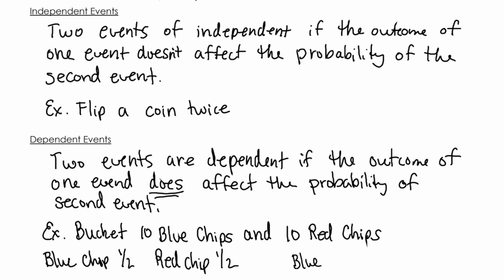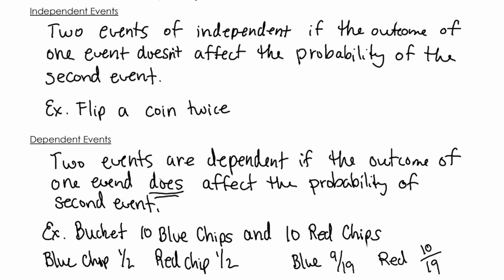If I get a blue chip, that probability on the second pull would be 9 out of 19 now, because I only have 9 blue chips in there if I pull a blue one out the first time. The probability of getting a red chip is now 10 out of 19 instead of 10 out of 20.